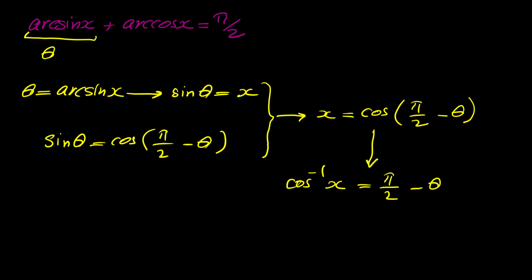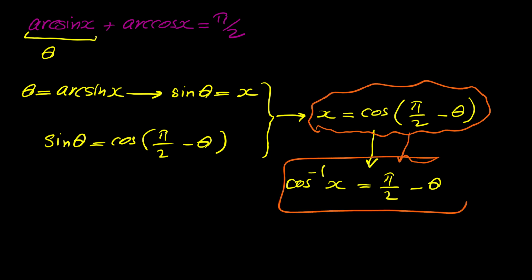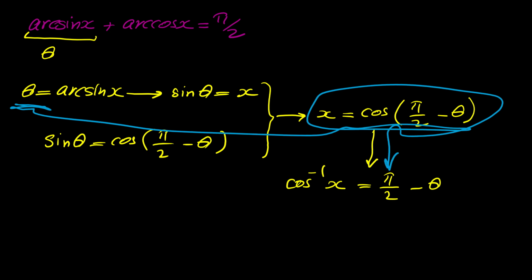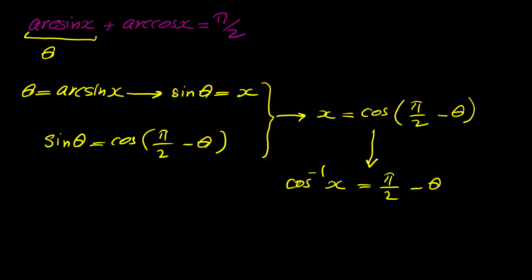If, without any reason, from this relation you conclude this relation, this is not completely right. Let me show you the reason that not always, for any theta in general, from this relation you can get this relation. For example, look at this.